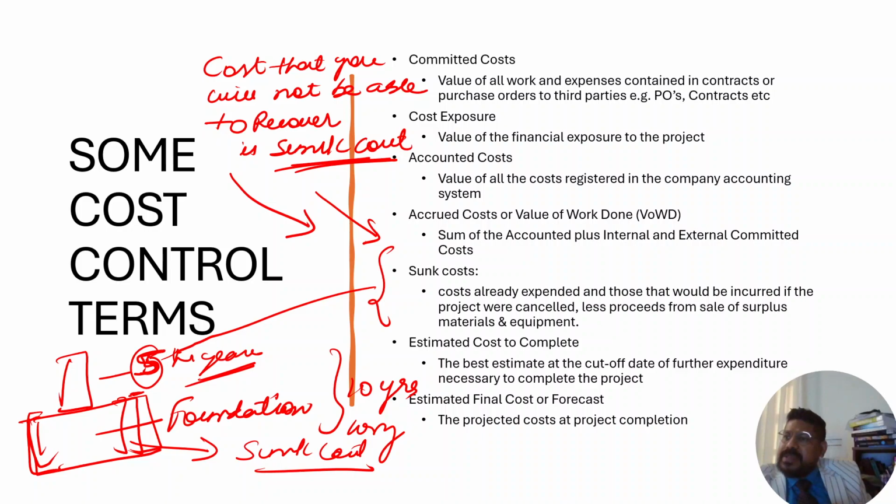Estimate to complete: the best estimate at the cutoff date of further expenditure necessary to complete the project. Estimated final cost or forecast is the projected cost at project completion.